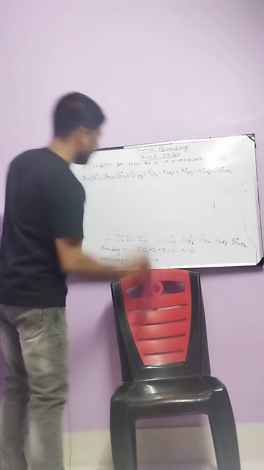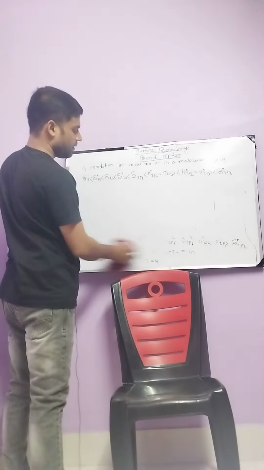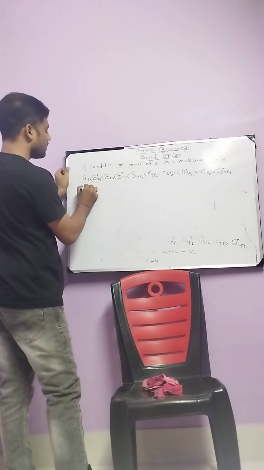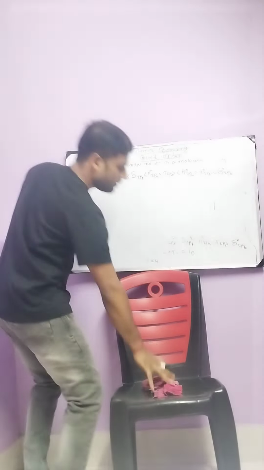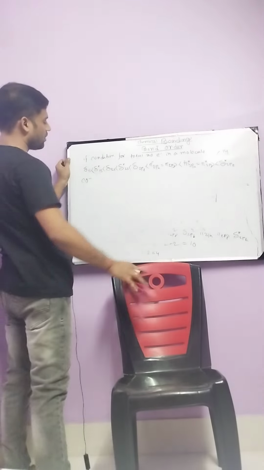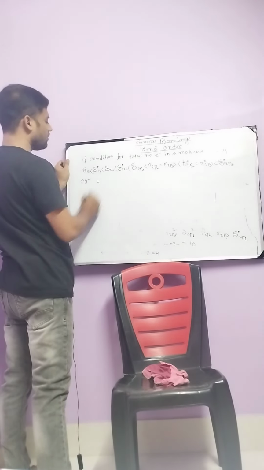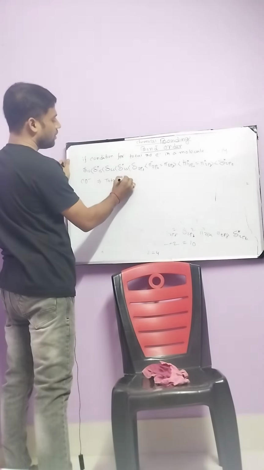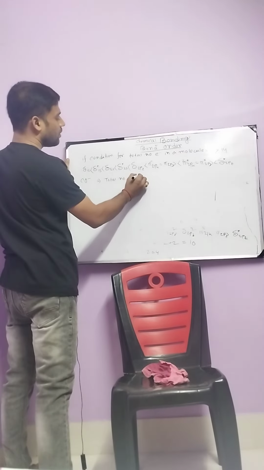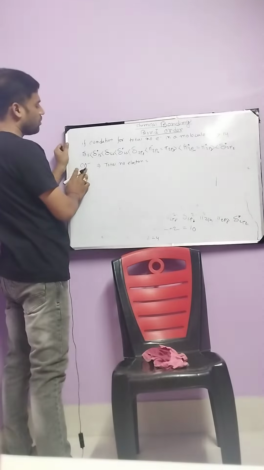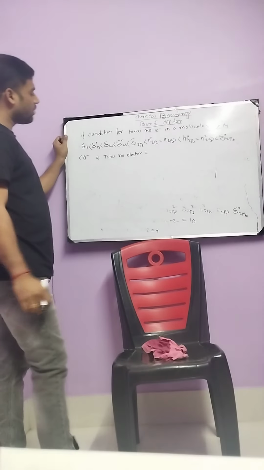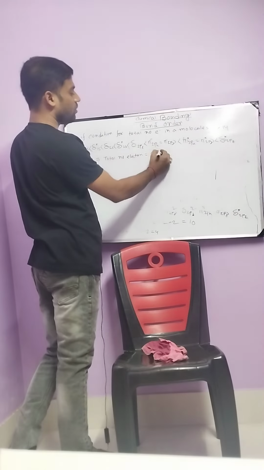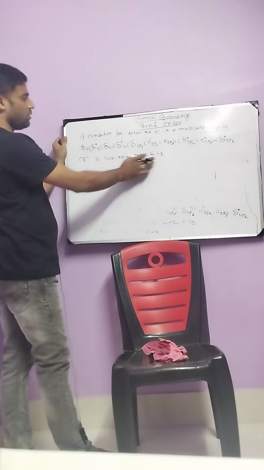As an example, take the molecular species CO minus. Step 1: count the total number of electrons. Carbon monoxide contains carbon and oxygen: carbon has 6 electrons, oxygen has 8.